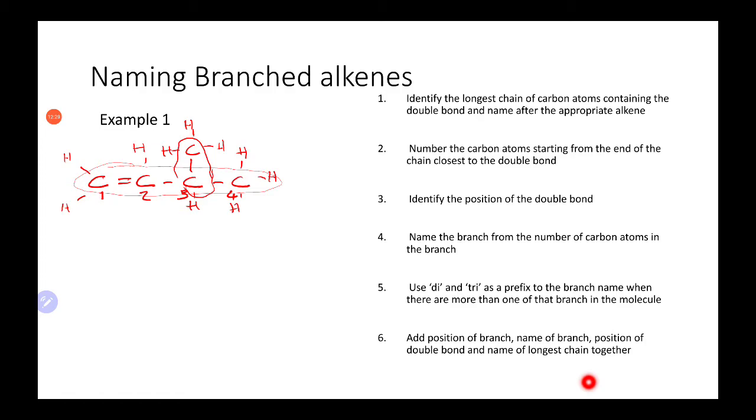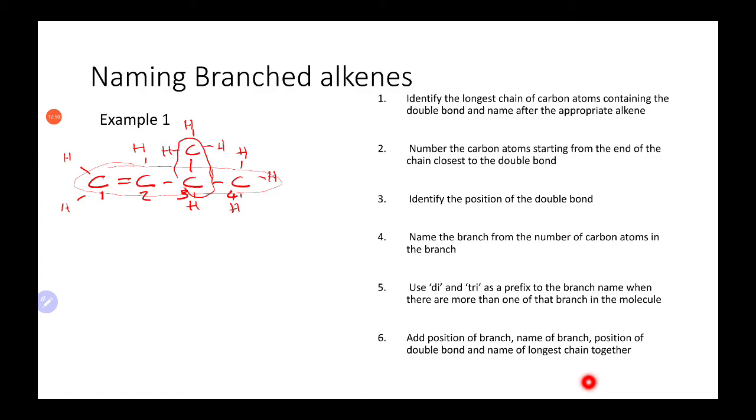It's more important to the molecule, so it takes priority. So I've numbered from left to right: 1, 2, 3, 4. If I numbered from right to left, then the double bond would have a higher number, and we can't have that. It's got to have the lowest number. Start with the end closest to the double bond.